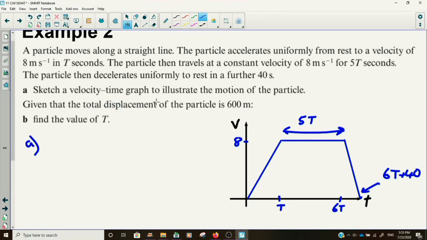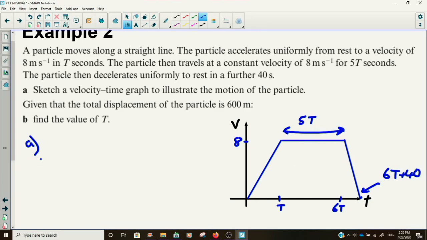Given that the total displacement of the particle is 600 meters, find the value of t. Okay, well, the displacement represents the area under the graph. Now, I think it would be easier to use the formula for a trapezium in this case, because we know that the top side is 5t, the bottom side is 6t plus 40, and the distance between the two parallel sides is 8.